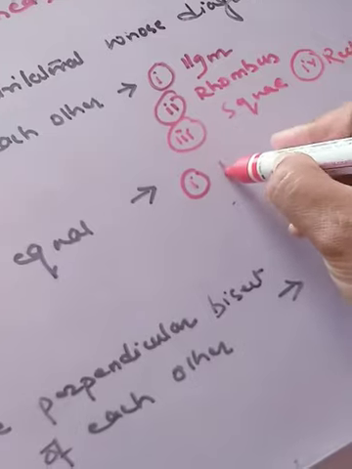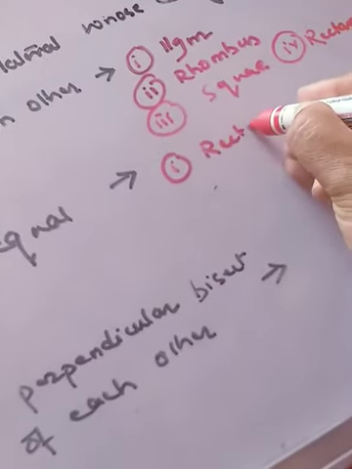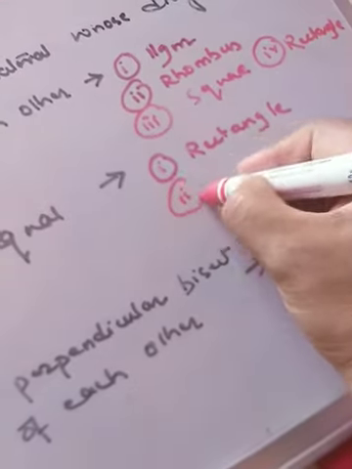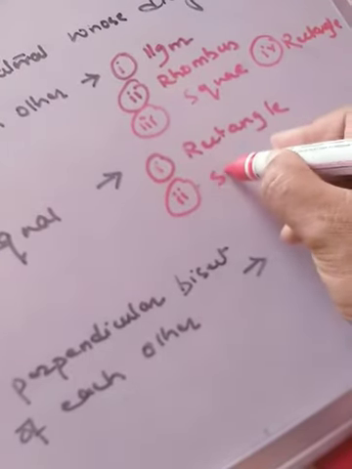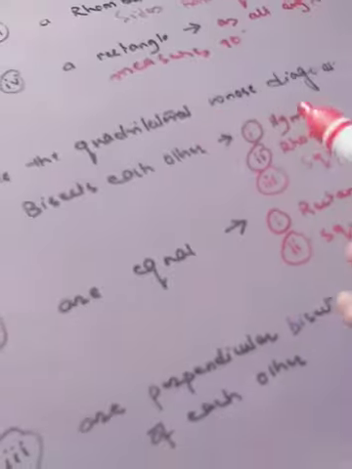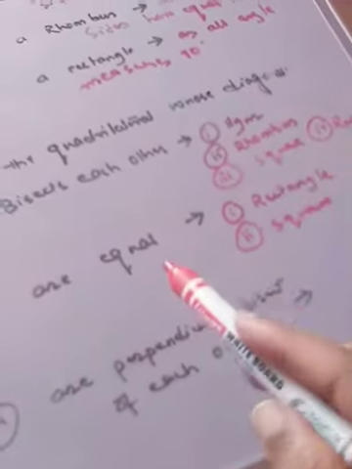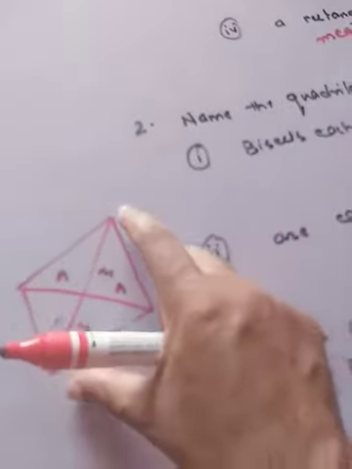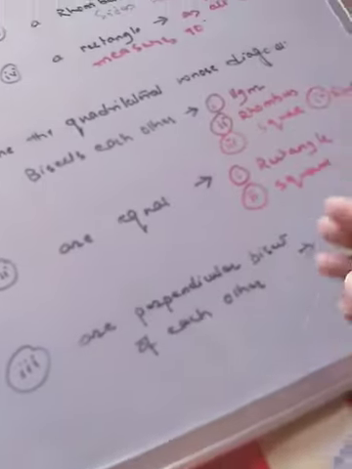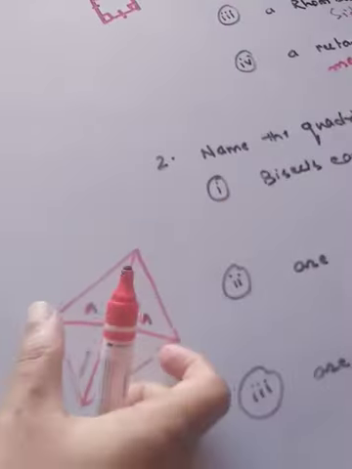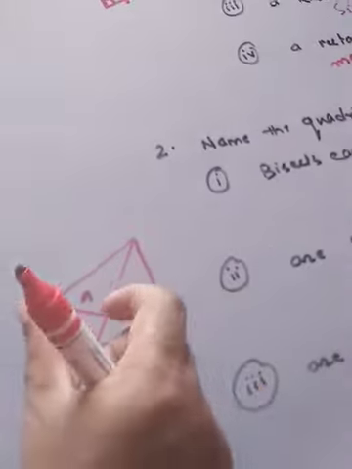The first is rectangle and number 2 is square. Only these 2 quadrilaterals share this property. If this is 4, then this will also be 4. So in rectangle and square, the diagonals are equal and they also bisect each other.